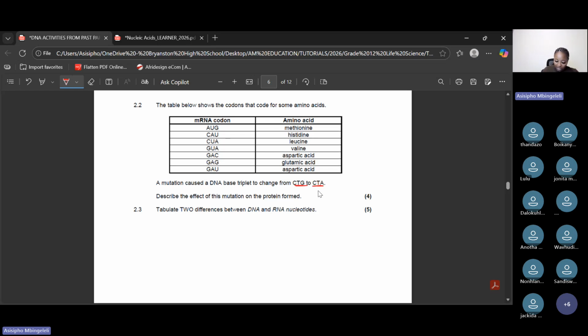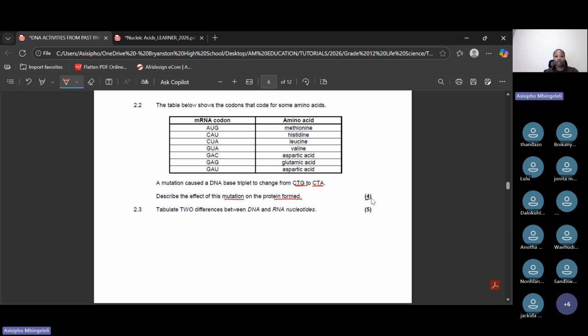Describe the effect of this mutation on the protein that is formed. I want us to work together to figure this out. Please make notes on your side as I explain this answer, and please look at the mark allocation, 4 marks.